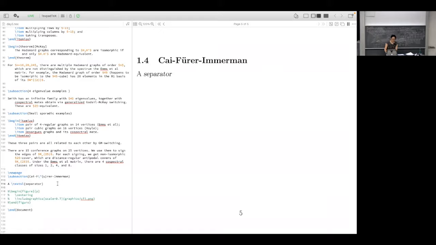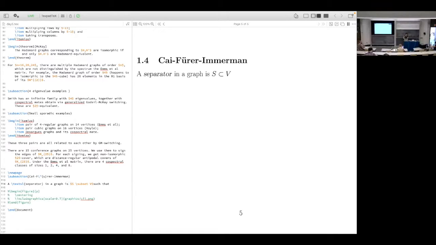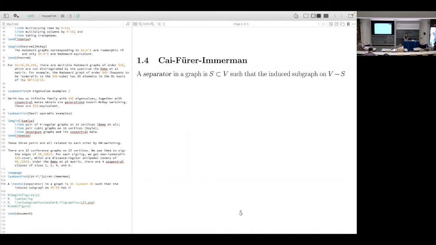In this computer science setting, a separator in a graph is a subset of vertices S such that the induced subgraph on V minus S has no connected component with at least V over 2 vertices.